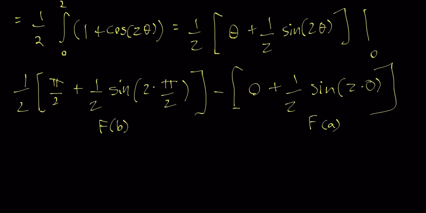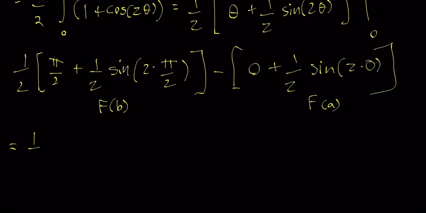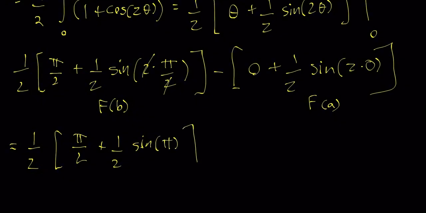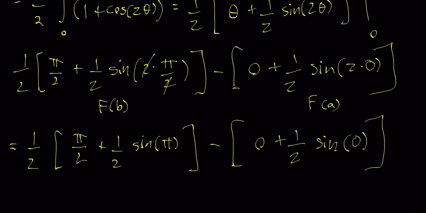That's the f of a term. So we have 1/2 pi over 2 plus 1/2, that cancels, we have the sine of pi, minus 0 plus 1/2 times the sine of 0. But we know that the sine of 0 is 0, and 0 plus 0 is 0.